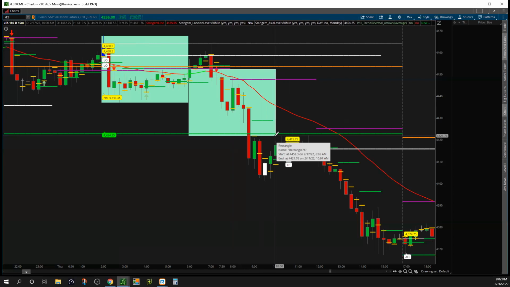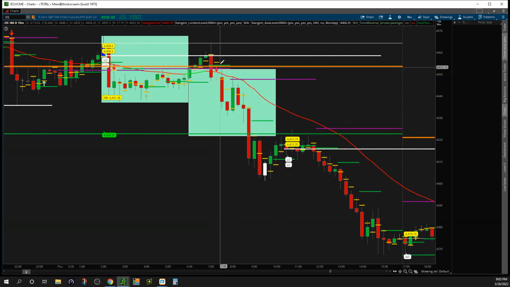How many points is that? 50 to 21. How many points is that? Right at 30. 30 damn points. We're only looking for 5 to 10. Look, reversal script at halfback.